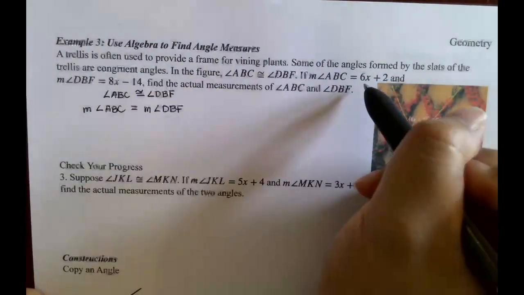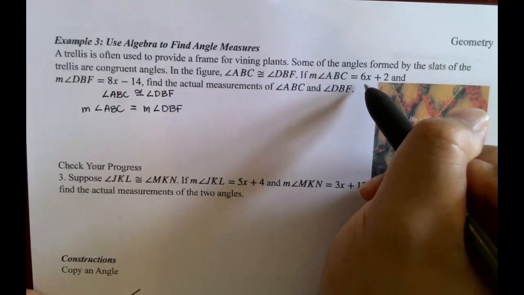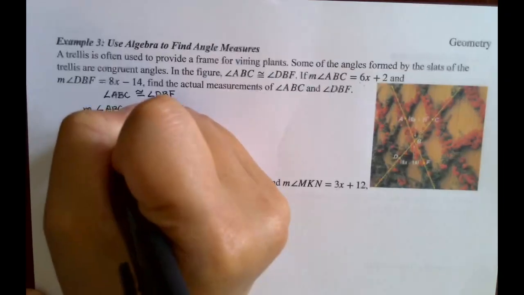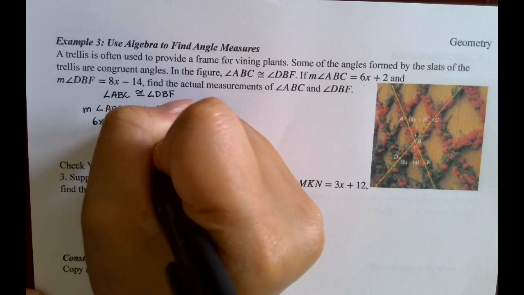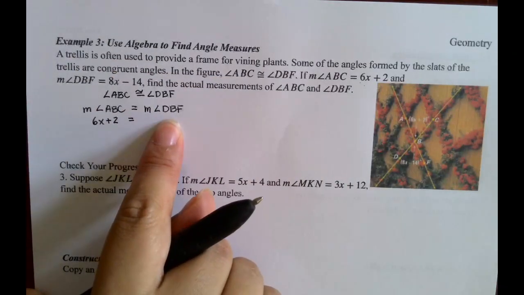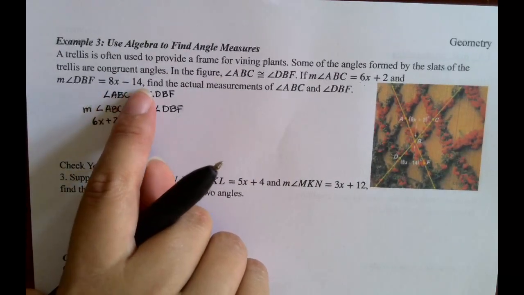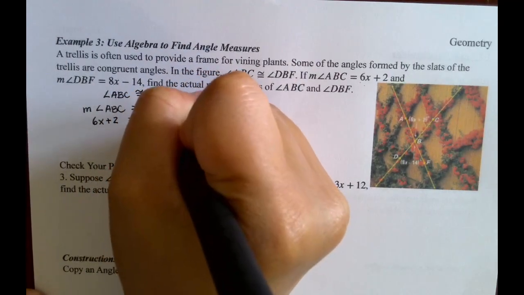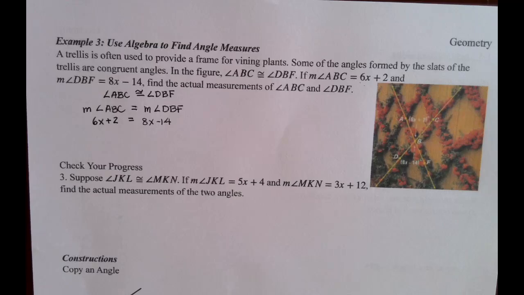The measure of angle ABC we know is 6x plus 2, so I can substitute that in. So 6x plus 2 equals, and the measure of angle DBF, we're told, is 8x minus 14, and I can substitute that in.